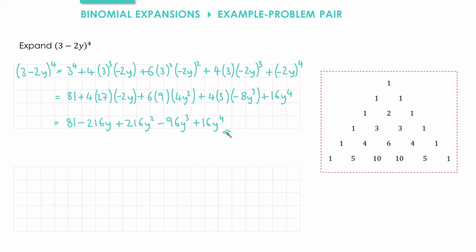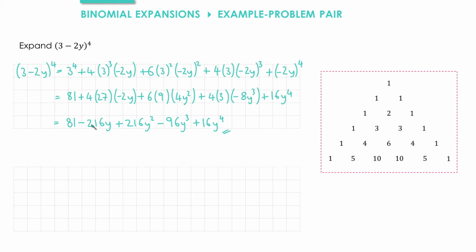So before you try one for yourself, I just want to point out a couple of things. First of all, remember, like in the last example, to add the powers up to check that everything's right on this first line. So we've got 3 plus 1 is 4. We've got 2 plus 2 is 4. 1 plus 3 is 4. And 4, so that's okay.